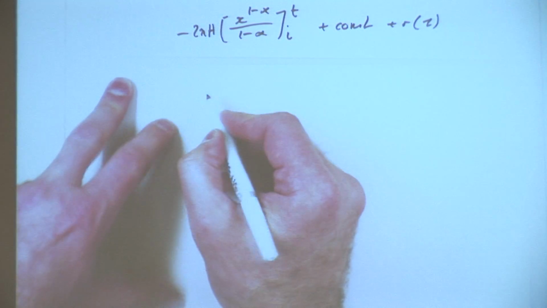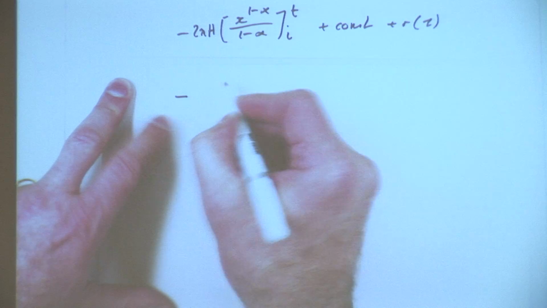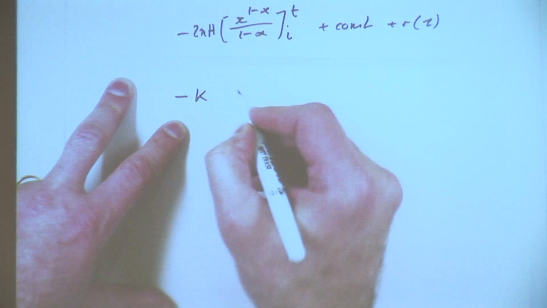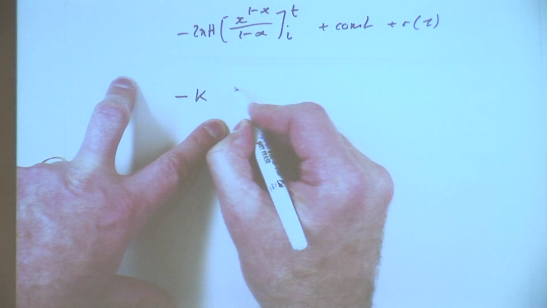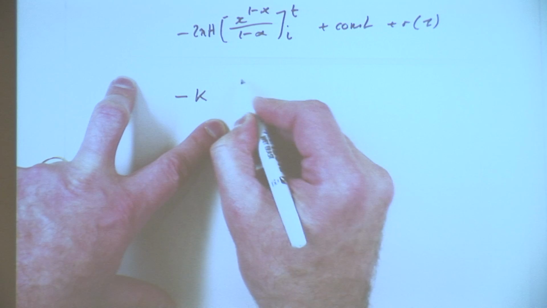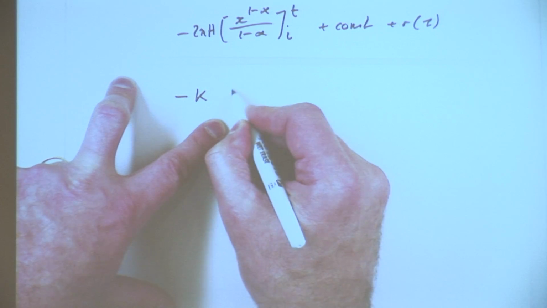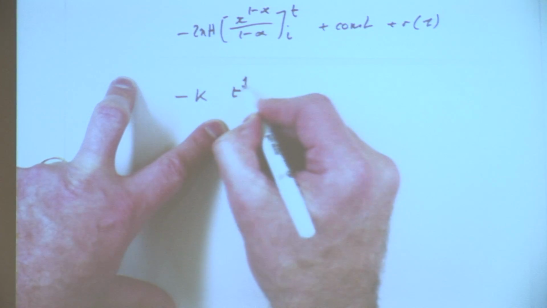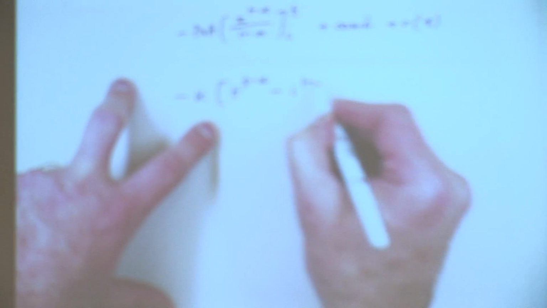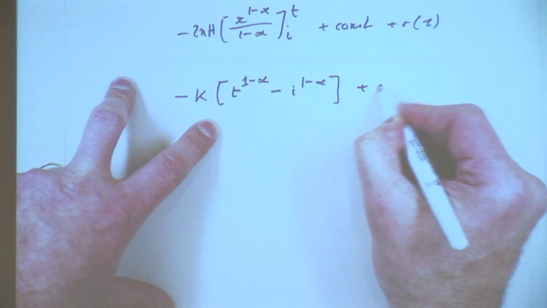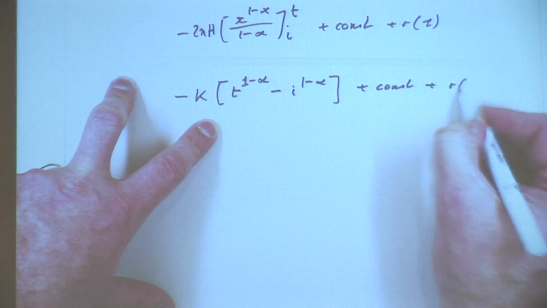So I get something like minus some constant times t to the 1 minus alpha minus i to the 1 minus alpha, plus a constant plus O of 1.